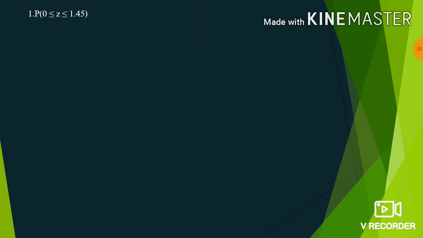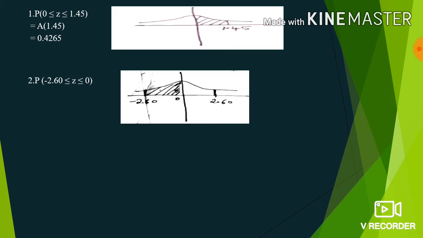See once again, to find the value, curve, next curve. Next problem, to find P of minus 2.60 to 0. If it is a negative value, then see the graph: the negative side area from 0 to minus 2.60 and the positive side area are both the same.